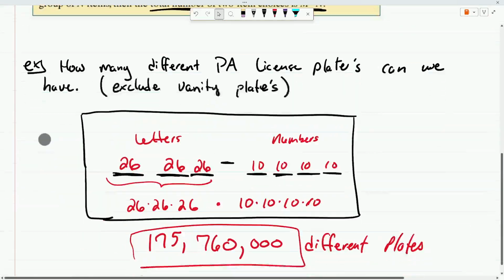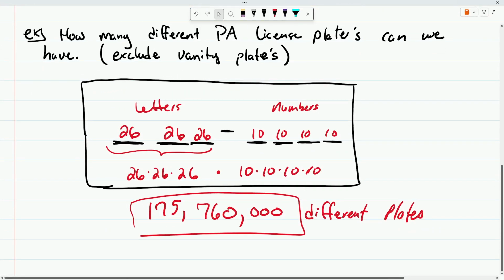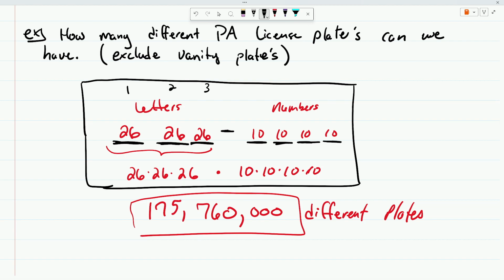In the second example, we did the same exact thing. We had 1, 2, 3 possible slots or 3 possible positions for letters. And then we had 1, 2, 3, 4 possible positions for the numbers. But then we just multiplied everything together.